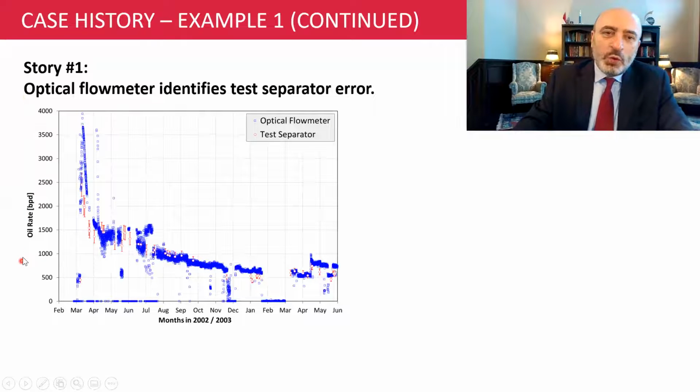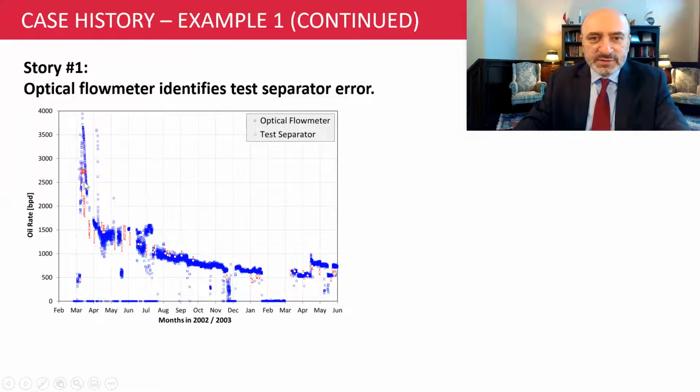So we have the oil phase flow rate plot here showing the oil rates for the months in 2002 and 2003. And we have 2 different data sets, one from the optical flow meter and the other from the test separator.